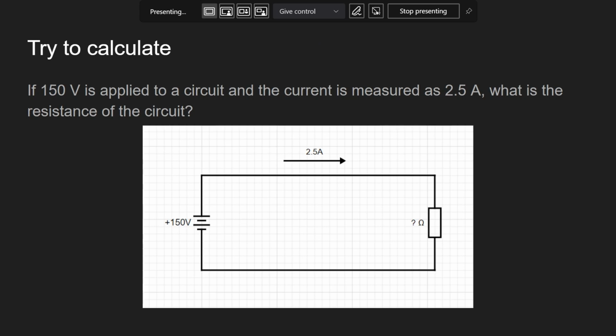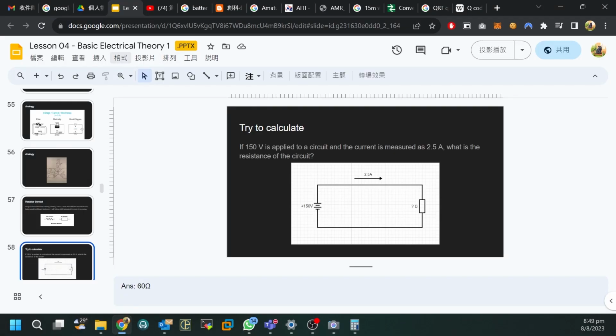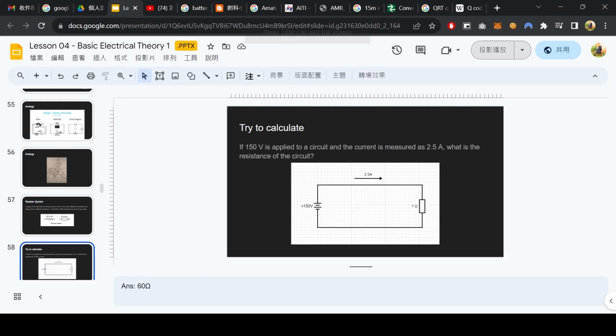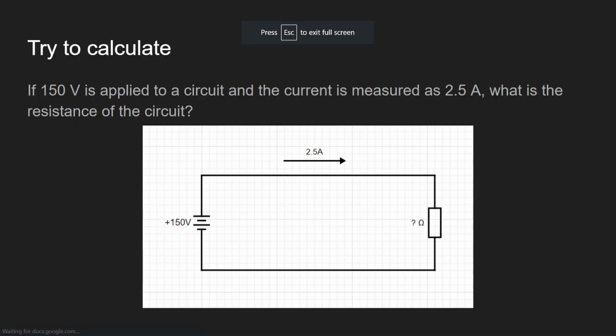Let me see if I can join. I can join with, oh, never mind. Yeah, no, I have to join it. I remember I gave you the answer. This is 60. And V equals IR, right? V equals IR.